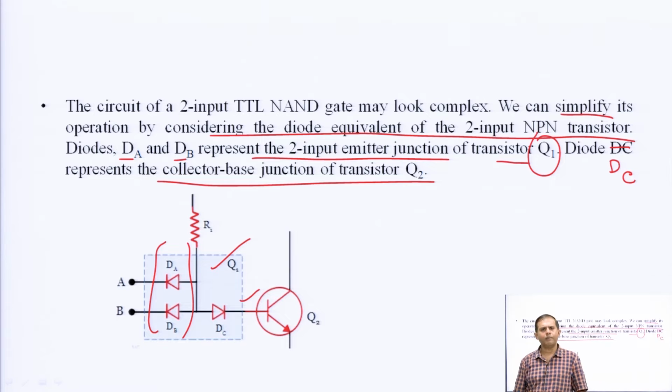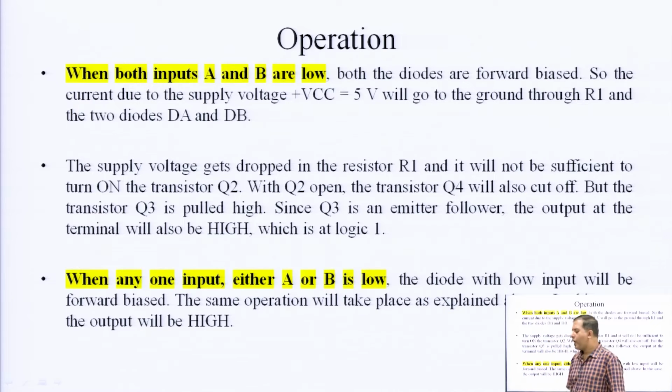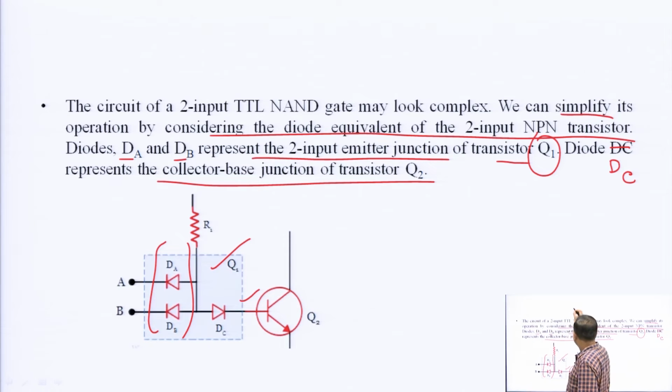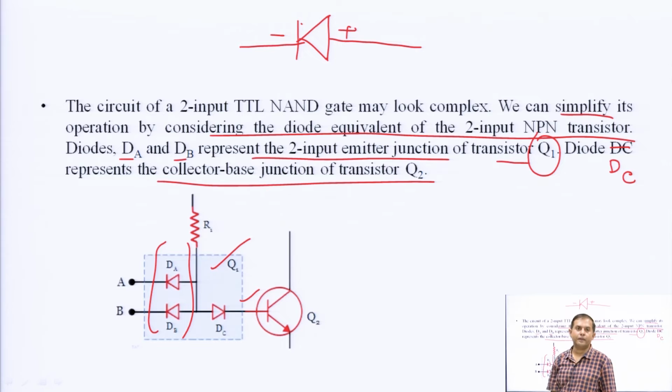Why have we taken this consideration? Let us check. When both the inputs A and B are low, this is plus and this is minus of the diode. If we are giving 0 0, this is forward biased.